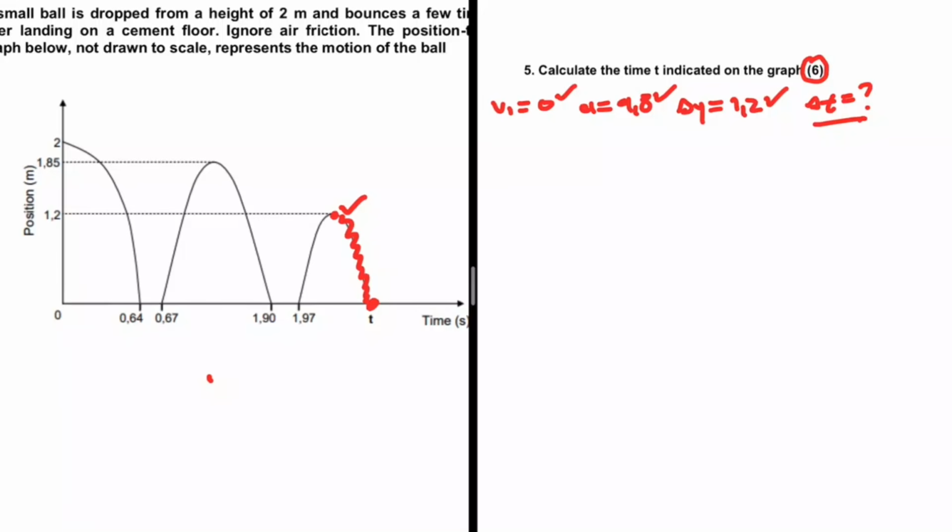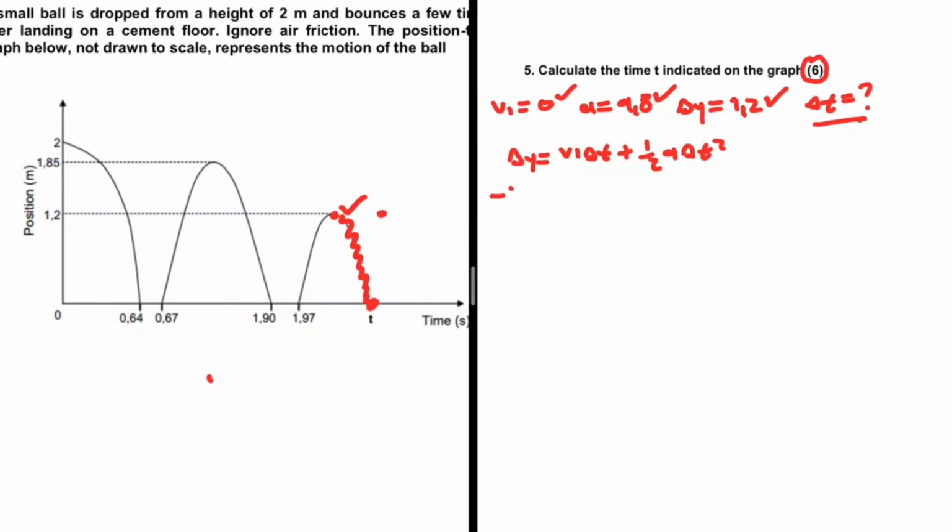So with these variables, which equation can we use? I think delta y is equals to vi delta t plus one half acceleration delta t squared should hold up really well. So there we go. We have delta y 1.2 meters downwards, because we're starting from maximum height until we strike the ground.